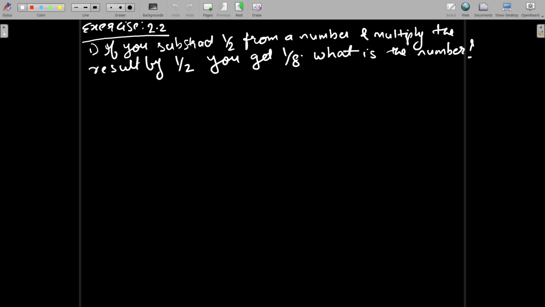If you subtract 1 by 2 from a number and multiply the result by 1 by 2, you get 1 by 8, right? What is the number? Now see here, what they are saying is that there is one number. If you subtract 1 by 2 from that number and multiply the result by 1 by 2, you get 1 by 8.